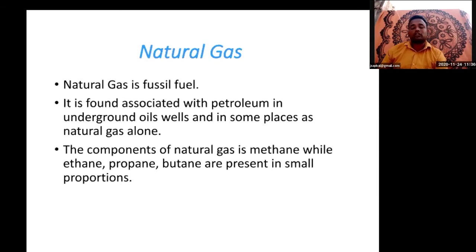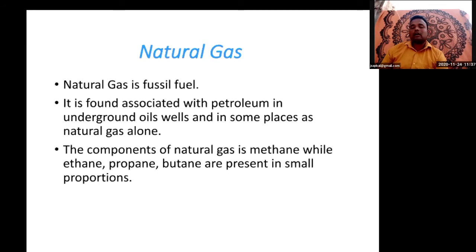Natural gas is transported by pipeline. But in the absence of a network of pipelines, it is transferred under high pressure as compressed natural gas, that is called CNG.